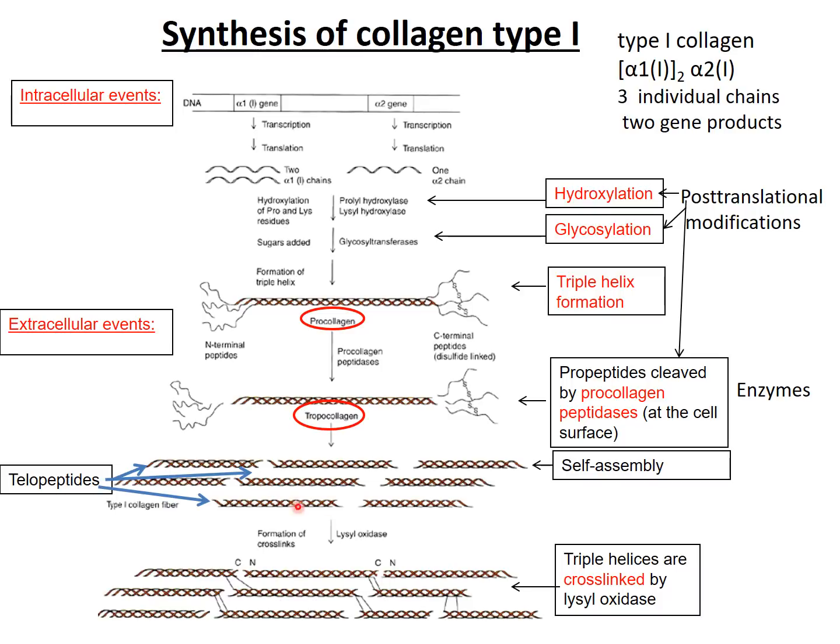And this is where the enzyme lysyl oxidase will form the covalent interchain cross-linking. And this fiber now is strong, cross-linked, can withstand load, pressure, whatsoever. They will not fall apart.